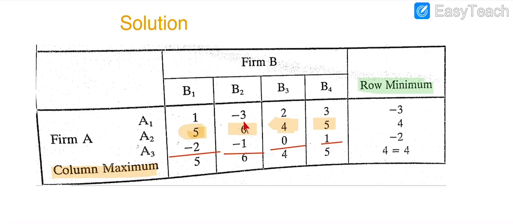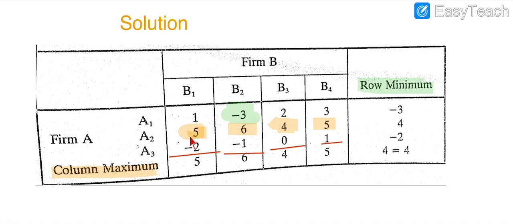Of course it is minus 3. I am giving the minimum value a green color, so you can easily understand. From the first row, you have to draw the minimum value. The minimum value is minus 3.